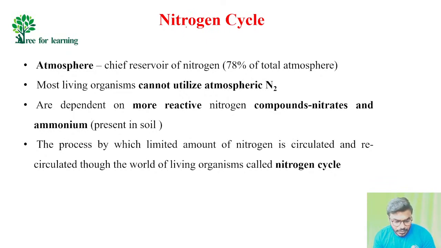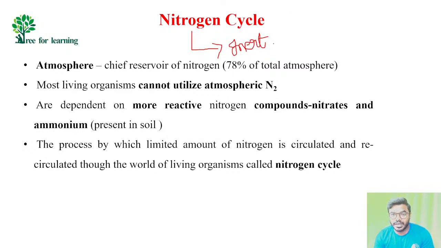But unfortunately, understand everyone, the nitrogen that is present in the atmosphere, what do we call it? We call it the chemically inert form. Friends, what do you mean by chemically inert?